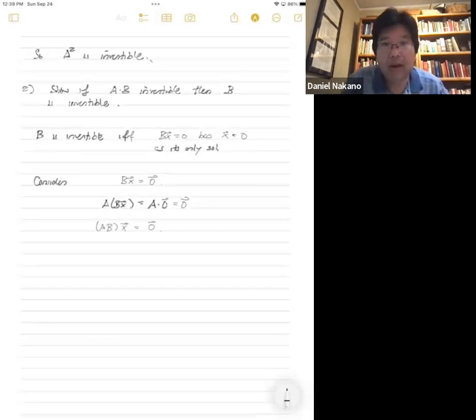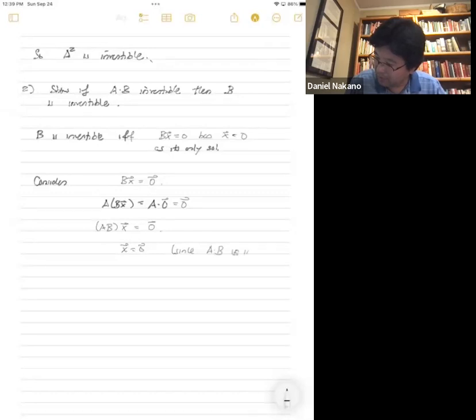And now we know that A times B is invertible, so that means x equals 0. This follows the same line of reasoning as the first problem. You just have to keep everything straight. The logic has to be very clean, and you have to argue using those equivalencies.